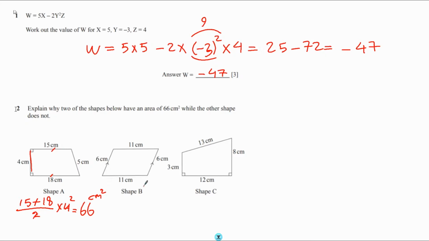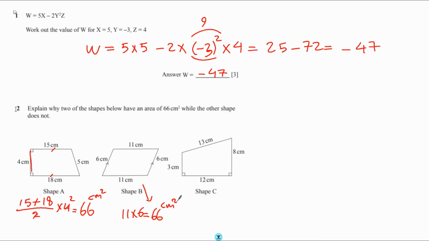The second shape is also a trapezium, and it is like a rectangle: one side times the other side. So this is 11 times 6, which is 66, again centimetres squared.